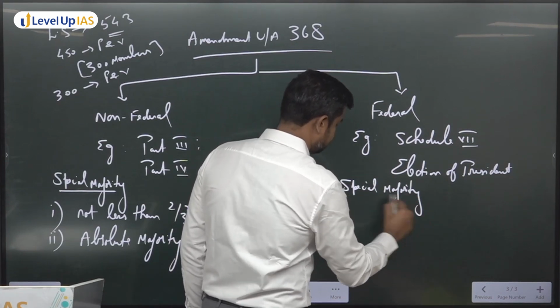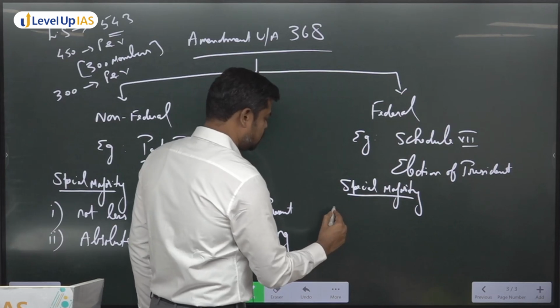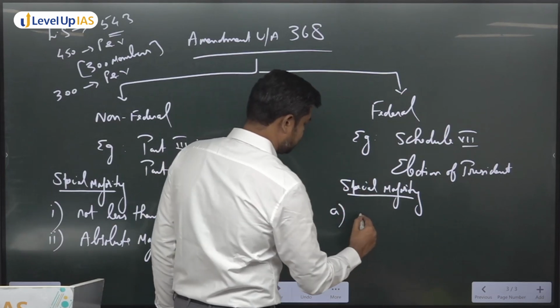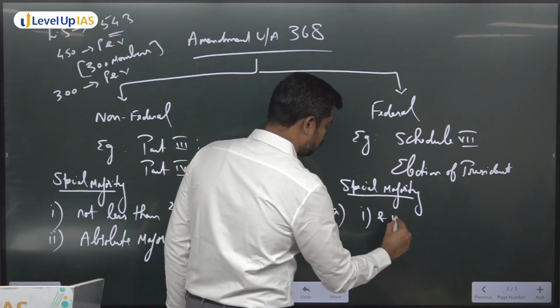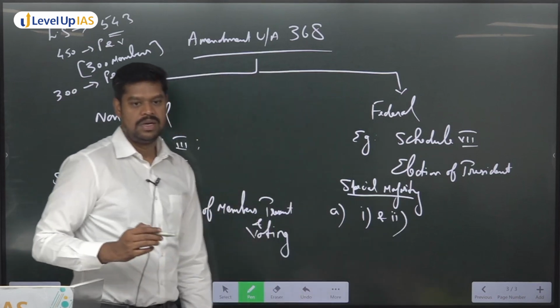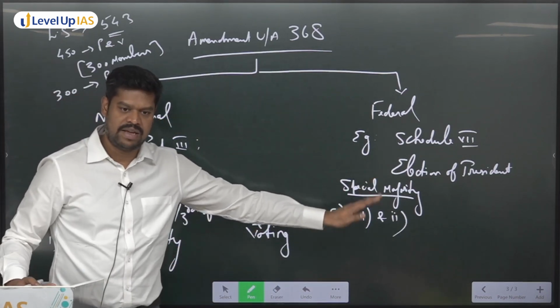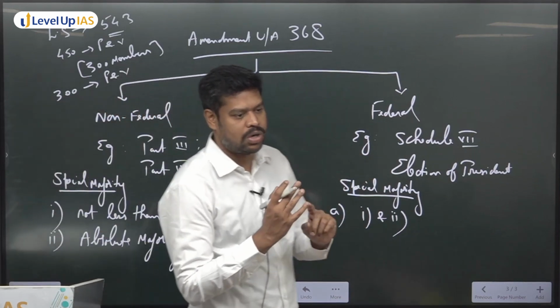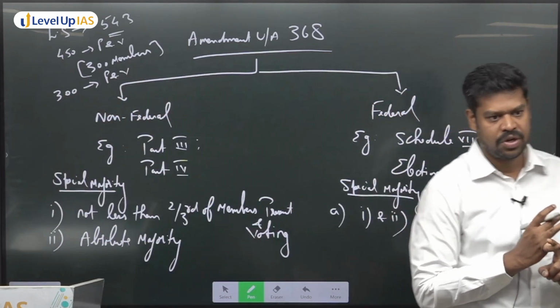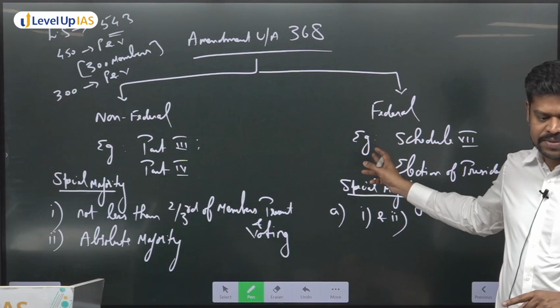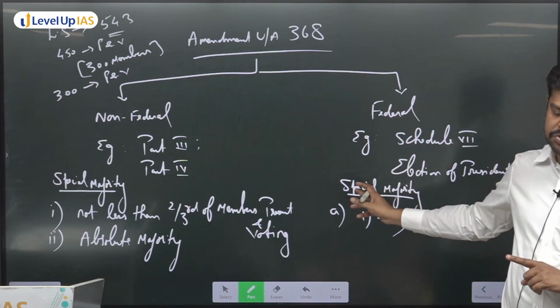The only difference is, in this case also, there are two steps. First step is both condition 1 and condition 2 have to be satisfied, the same way as in calculating the special majority. What are the two conditions to be satisfied? Not less than 2/3 of the members present and voting plus absolute majority.